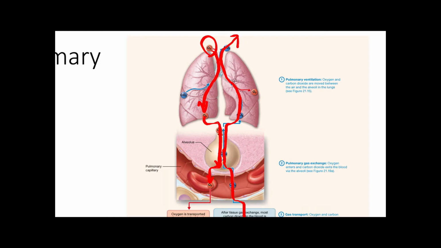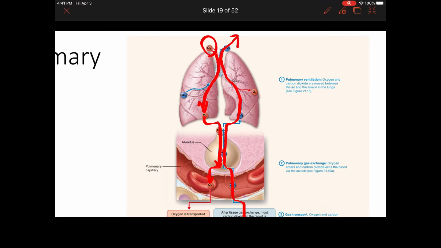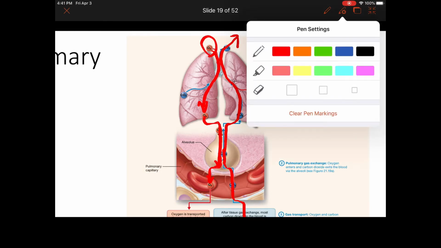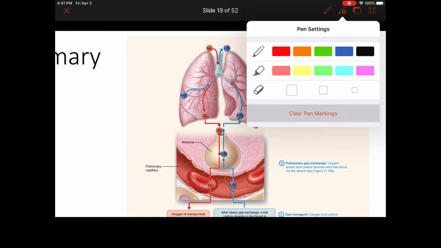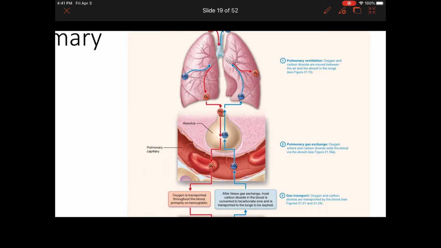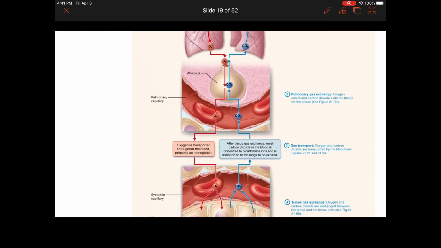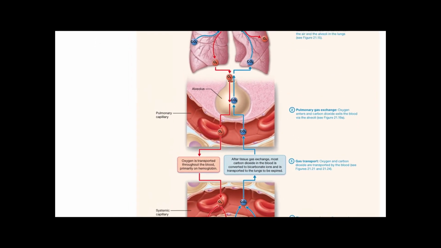Now, a couple of points that I want to make here with regards to this gas exchange is the fact that where the gases are exchanged between the alveoli and the blood, this has a specific name.